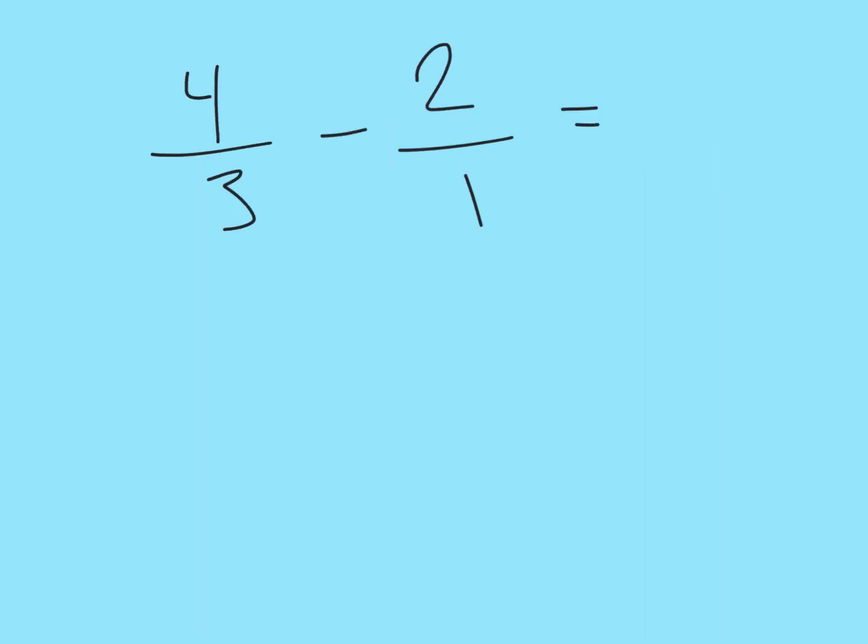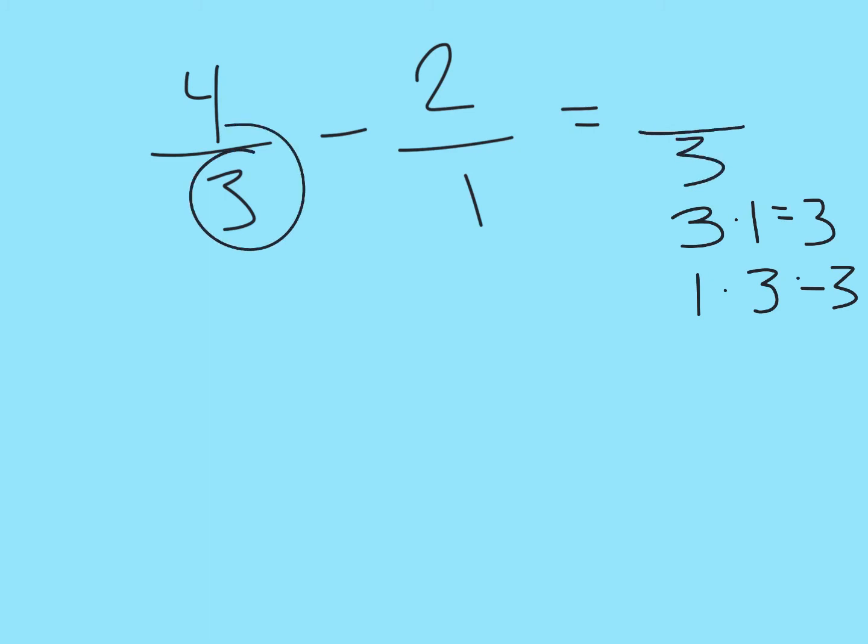Okay, so try this one out and pause the video to check your answer. Okay, now let's check the answer. As we can see, we don't have the same denominators. So we need to find the least common multiple of these. So 3 times 1 equals 3. I'll put 3 here because that's my biggest number.